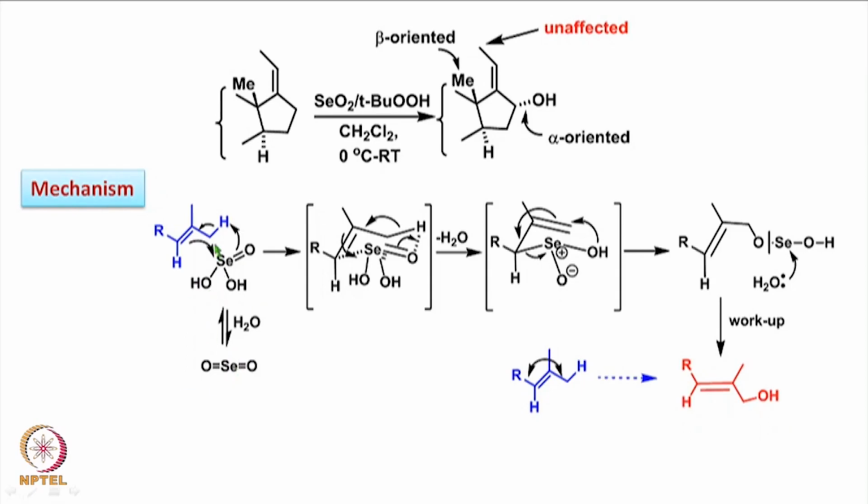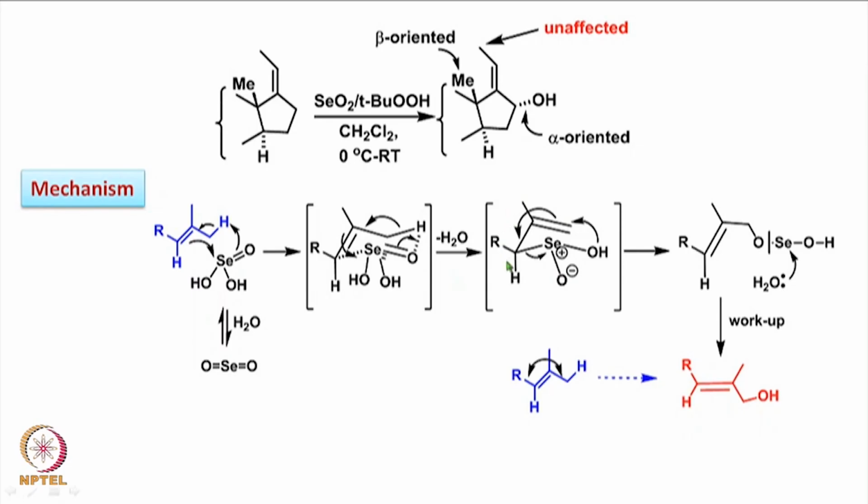When this comes in contact with this substrate having an allylic hydrogen, we can anticipate the transition state of this type to form, which then undergoes a reaction with the allylic hydrogen in this fashion, where the oxygen of the selenium dioxide takes away the hydrogen in the form of a proton, forming a double bond of this type here, followed by carbon selenium bond formation, which is accompanied by the loss of water.